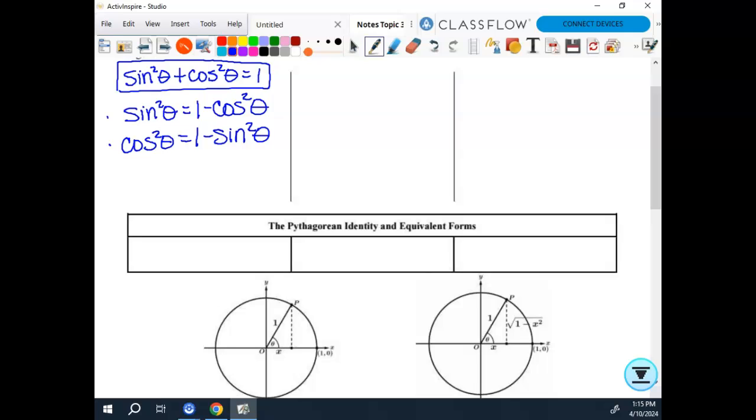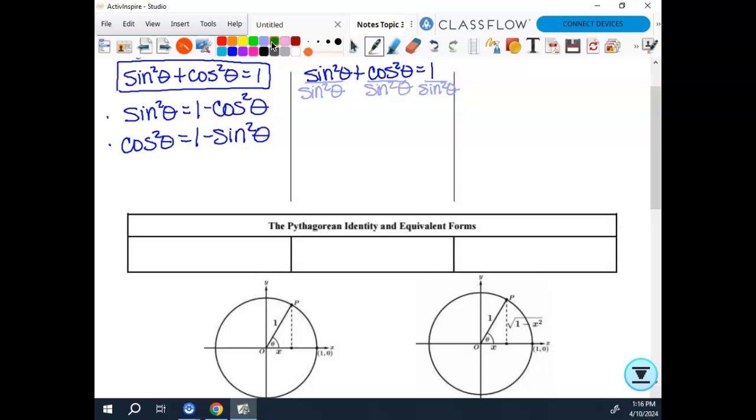Okay, so then in this next little column, we're going to rewrite again sine squared theta plus cosine squared theta equals 1. And then we're going to divide each term by sine squared theta. Then after we do that, we're going to reduce.